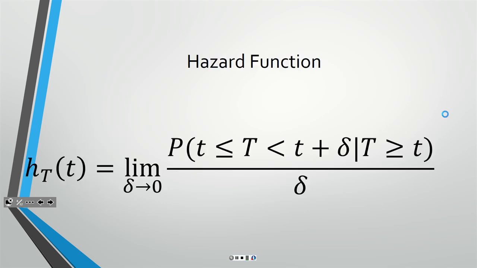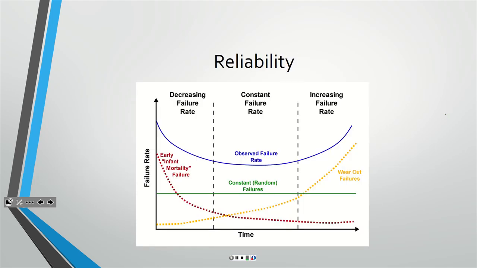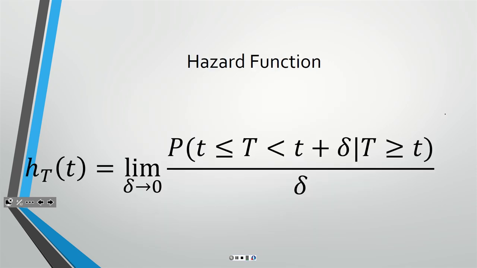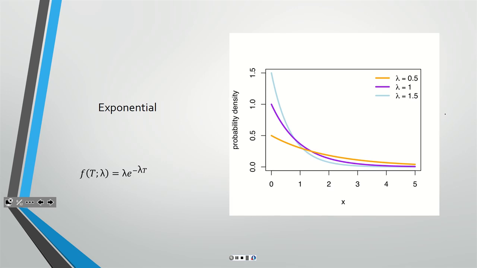So if we go back to here, the early infant mortality failure, that could be modeled as an exponential variable with the strictly decreasing, very high at the beginning, lower later, and the other ones work as well. So you all know exponential distributions, and so depending on the lambda parameter, it adjusts how likely that it will continue surviving.